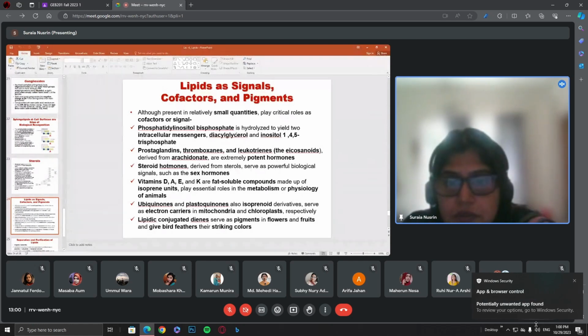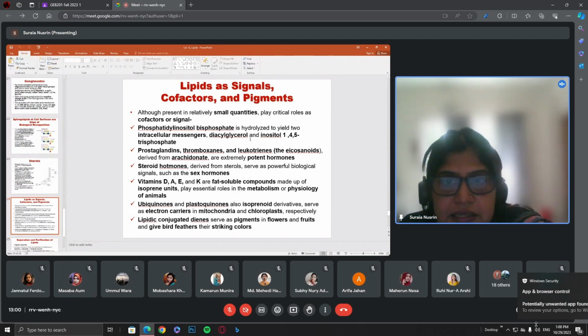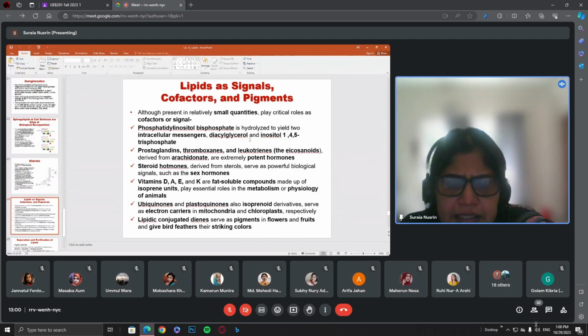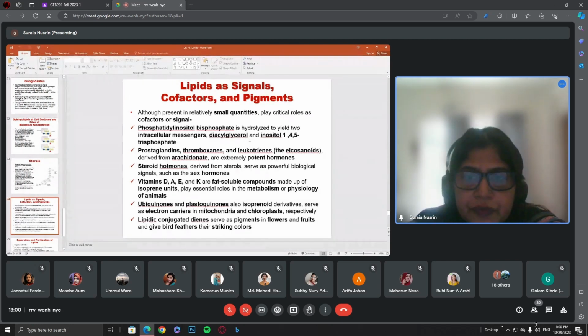So diacylglycerol is released, which is having two fatty acids at the number 1 and 2 carbons, and in the number 3 carbon it has hydroxyl group, and the remaining part inositol 1,4,5 triphosphate. That means 3 phosphate groups are attached to these carbons of the inositol.